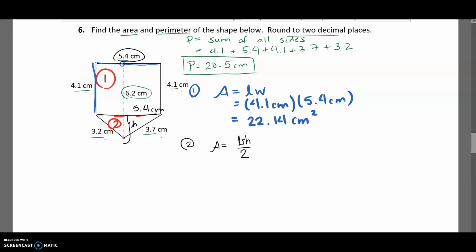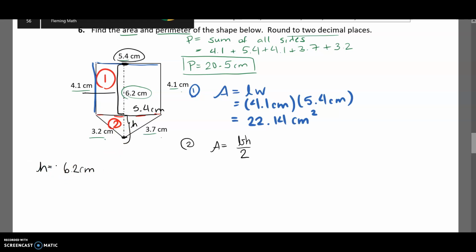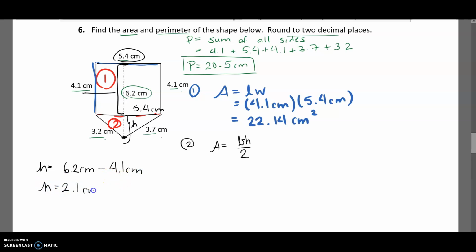I know that this total distance from the bottom of this rectangle to the peak of the triangle is 6.2 centimeters, and I know that this portion of it in the rectangle is 4.1 centimeters. If I subtract those, then I'll get the height of the triangle. So 6.2 centimeters minus 4.1 centimeters gives me a height of 2.1 centimeters.